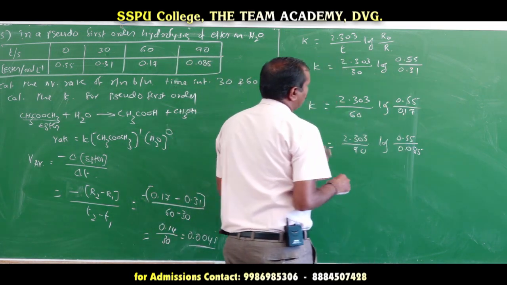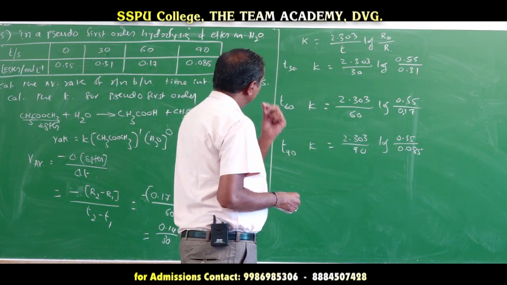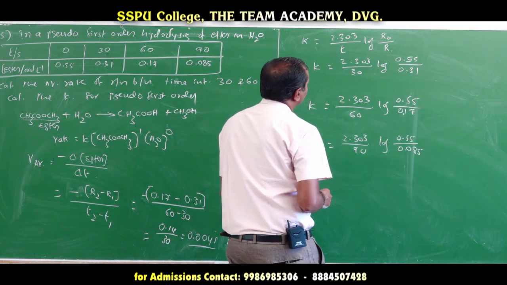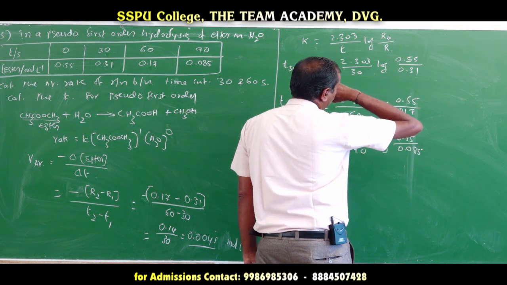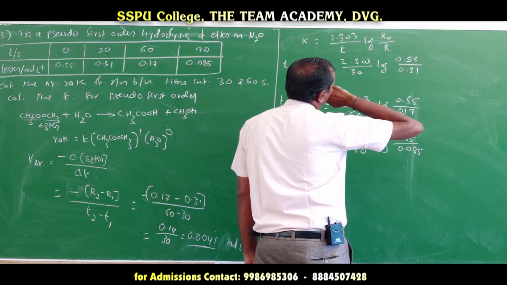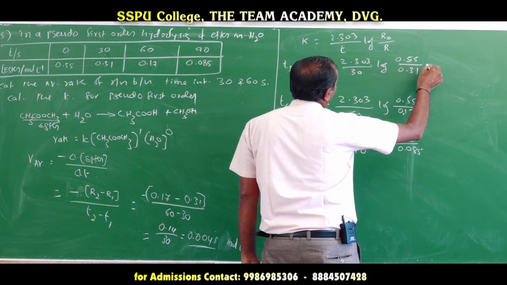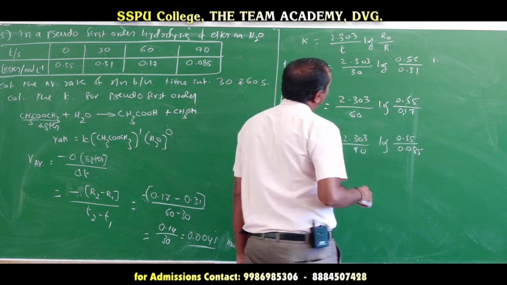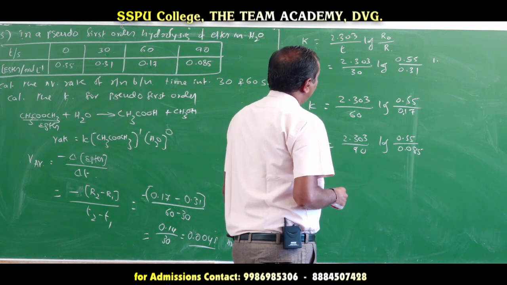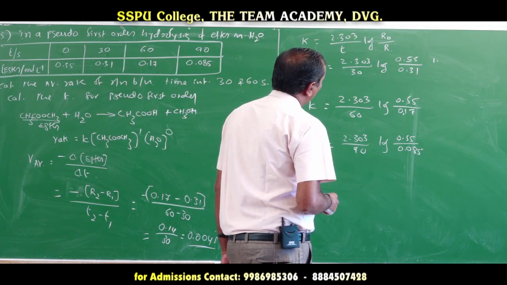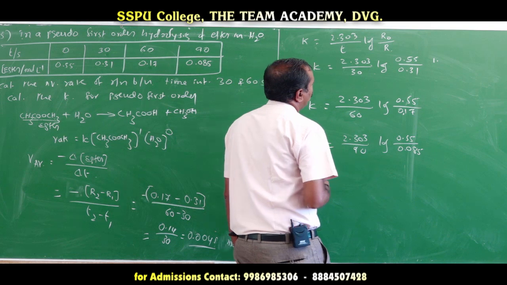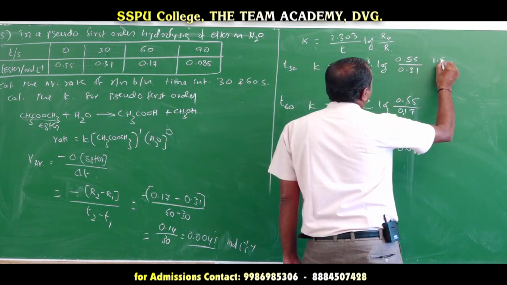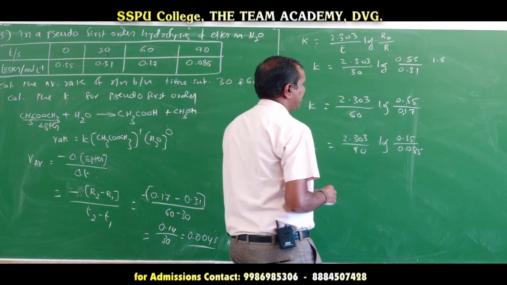0.55 divided by 0.31, what is that value? Nearly 1.8.